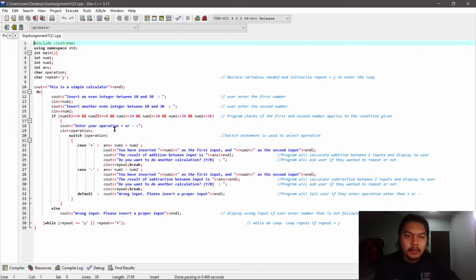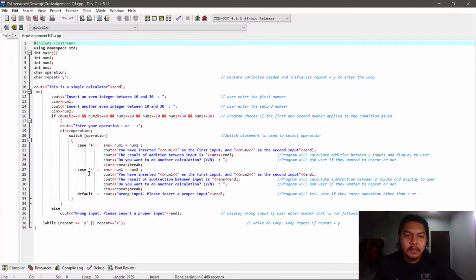Then the program will ask the user to enter the operation. We use a switch statement as the question asks. If the user enters plus, the program will calculate. This is the formula: answer equals number 1 plus number 2, and the program will display the answer and ask if the user wants to repeat or not.